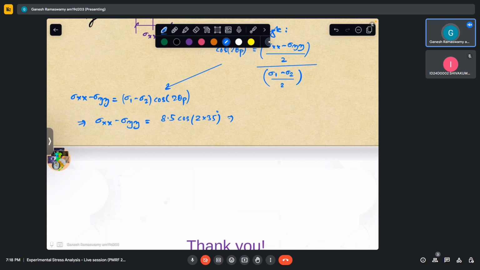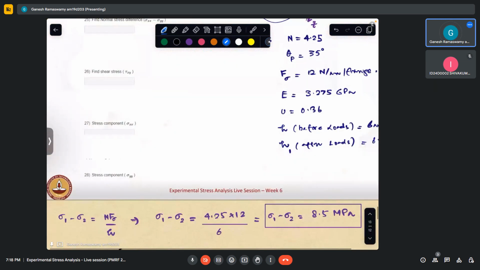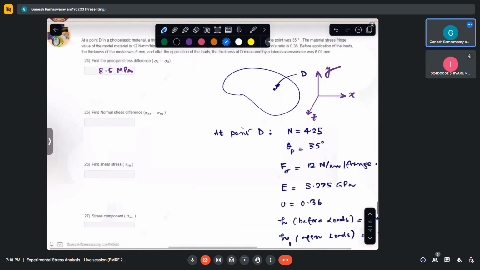So 8.5 cos 70 degrees comes to around 2.9091 MPa. So I have got the normal stress difference as 2.91 MPa.